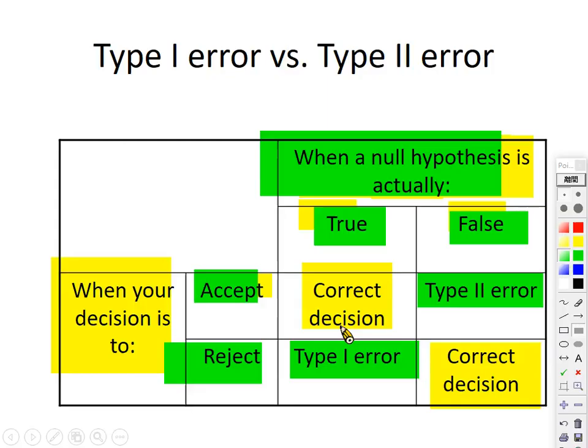Sometimes you will read a term we call type 3 error. Type 3 error does not refer to your decision. There are many different definitions for type 3 error. One possibility is that you are using the wrong way to deal with the wrong question.